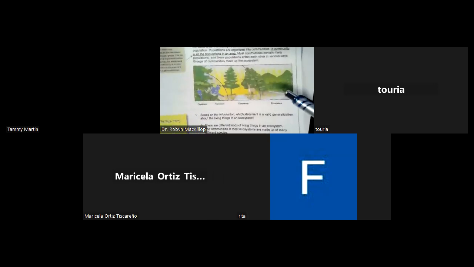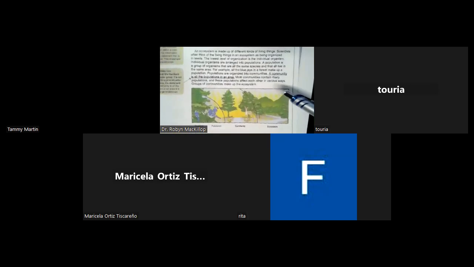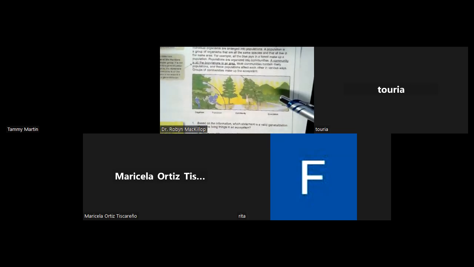Thank goodness, right? Because it could be anything. If we have something like this, it would be a drop-down menu and you would choose A, B, C, or D. But the only write-in will be numbers.